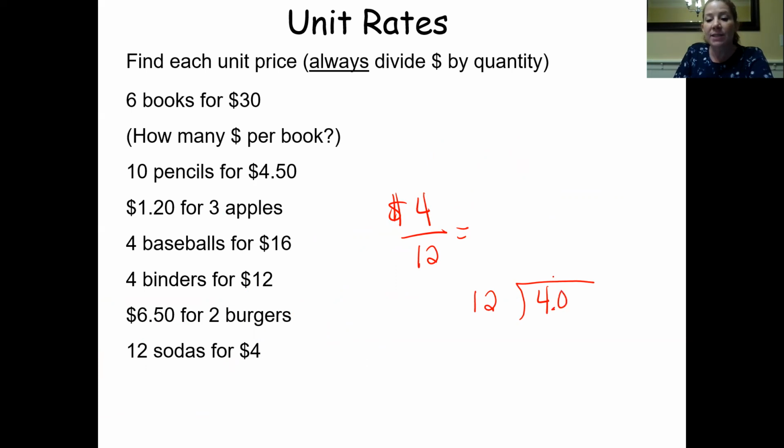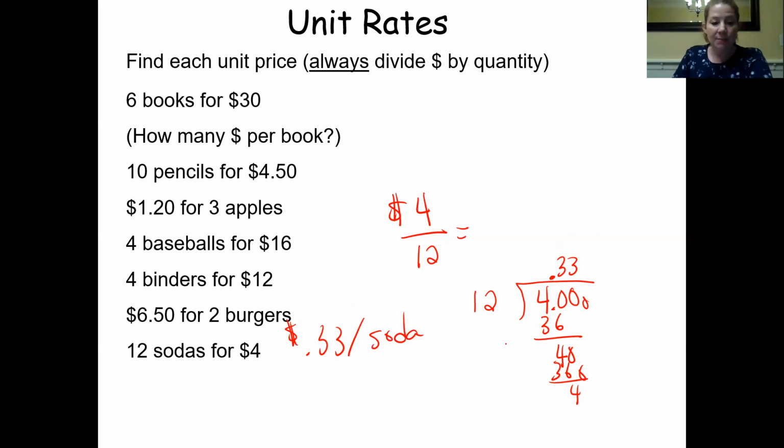I have to add a decimal and a 0. 12 will go into 43 times, and that's 36. Remainder of 4, so I'm going to keep getting 3, 3, 3, 3, 3. I'm going to keep getting the same remainder. So it's about 33 cents per soda. That's a cheap soda, you guys.